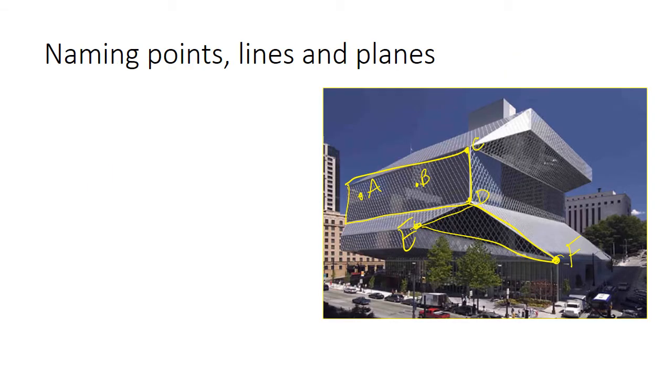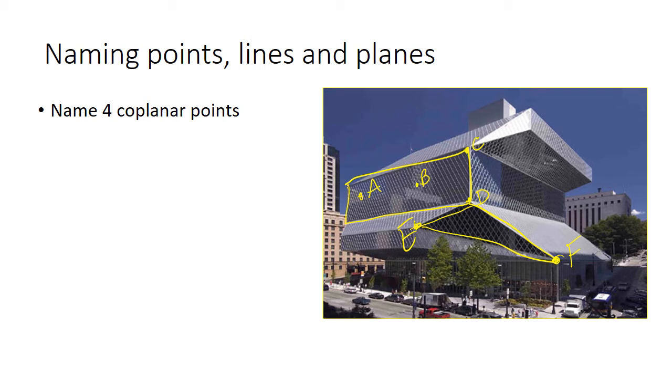So let's name some points, lines, and planes. Looking at this picture, I've indicated a few points and a few planes and a few lines on this really neat looking architecture of this building. So let's name 4 coplanar points. As you look at each individual plane, you want to find 4 points that are all on the same plane. So if we were looking at A, B, C, and E, those are not coplanar because E is not on the same plane.